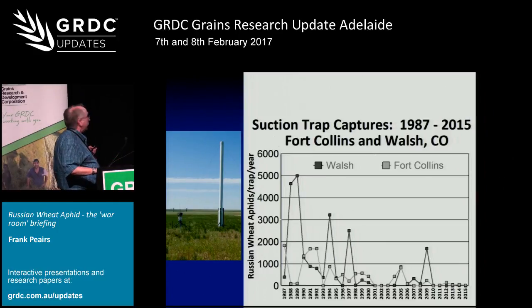This particular peak is associated with the treatment of roughly 500,000 hectares. This is our last big outbreak, was in 2009, and in that case we treated about 200,000 hectares. But since then, with one or two exceptions, we have mostly settled into a pattern where the aphid is really a much more sporadic problem than it was during these early years. And this is not atypical of invading insects.